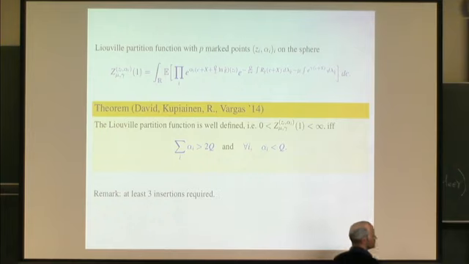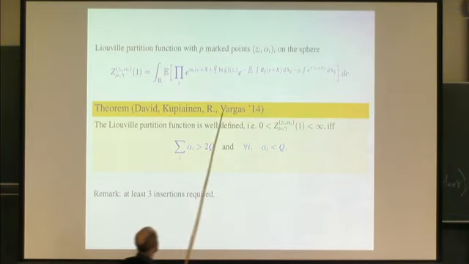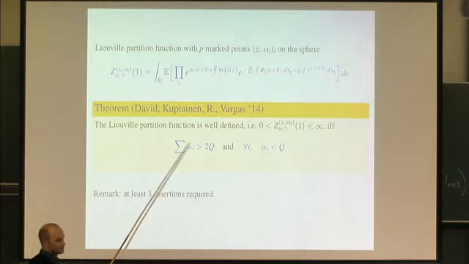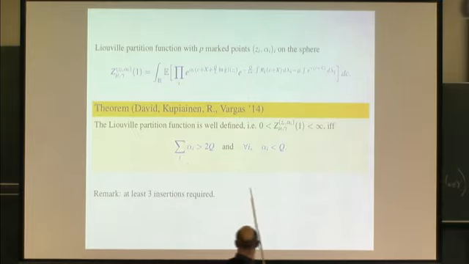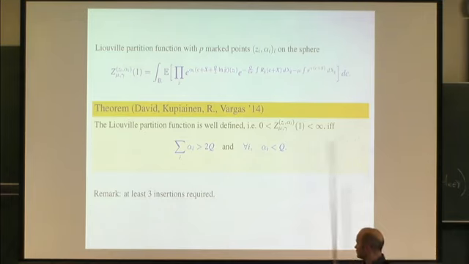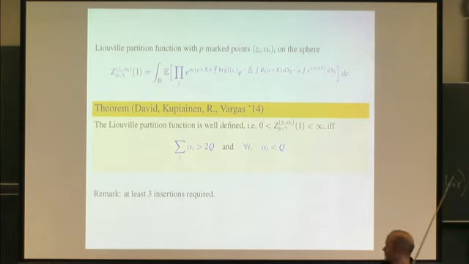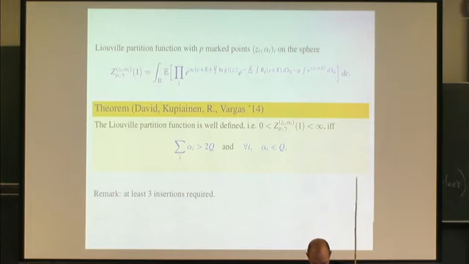This is the Gauss-Bonnet theorem, and this is the quantum version. This is the kind of analog that you've got in the quantum theory. And you see that if you want to satisfy this condition, you must plug at least 3 insertions in your partition function.